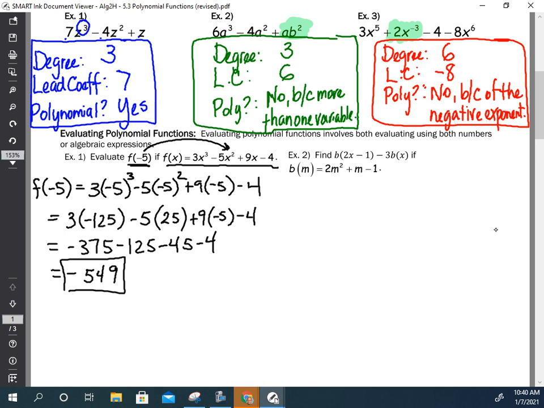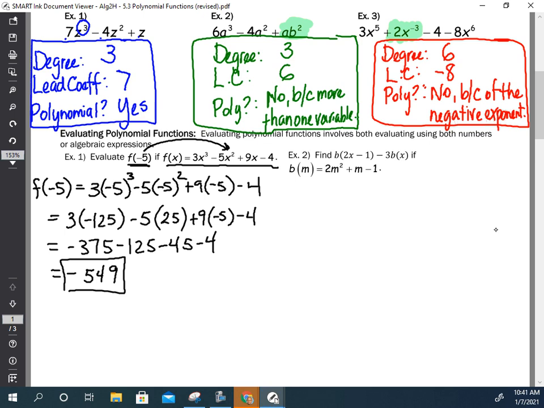So if it's a number, it's pretty much plug and chug. If it's variables, then you got to be a little bit more careful because you're going to also be simplifying.